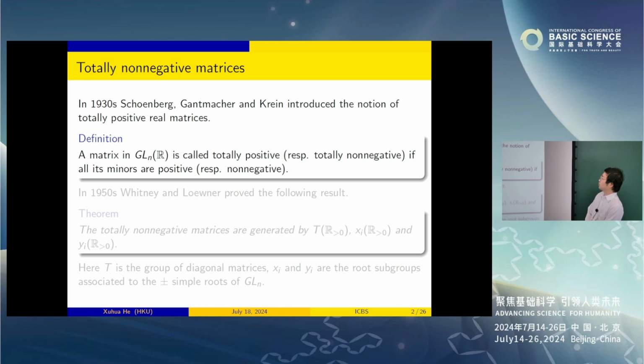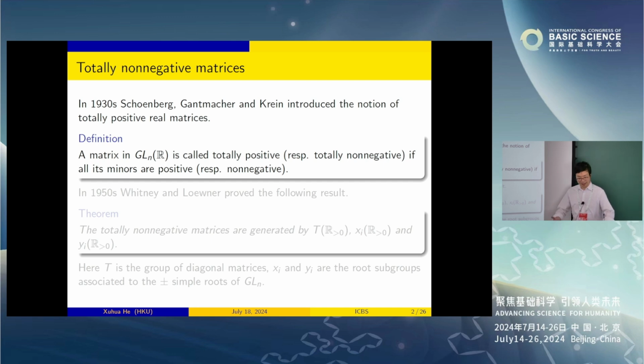It was introduced by Schoenberg and later studied by Gantmacher and Krein. An n by n matrix with real entries is called totally positive if all the minors are positive. It's called totally non-negative if all the minors are non-negative.